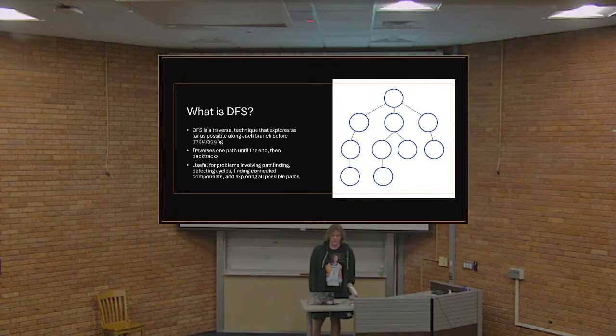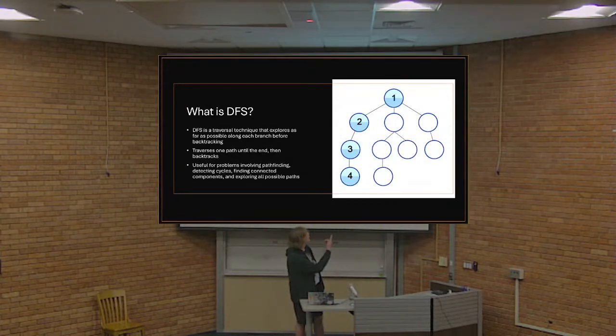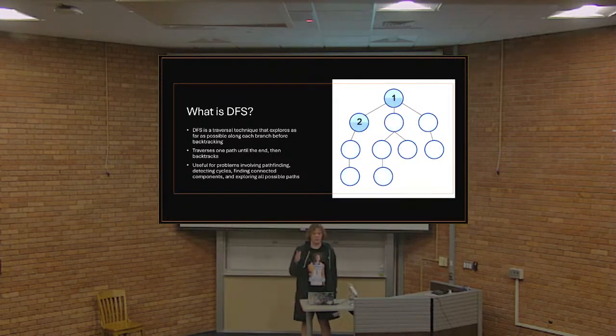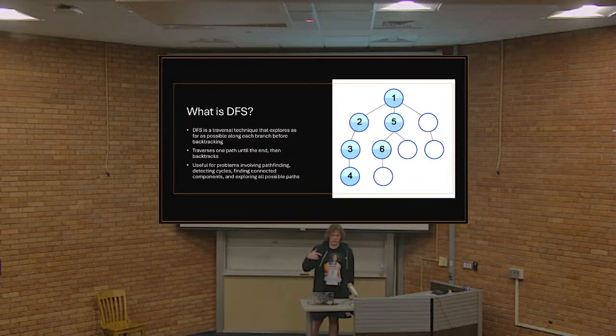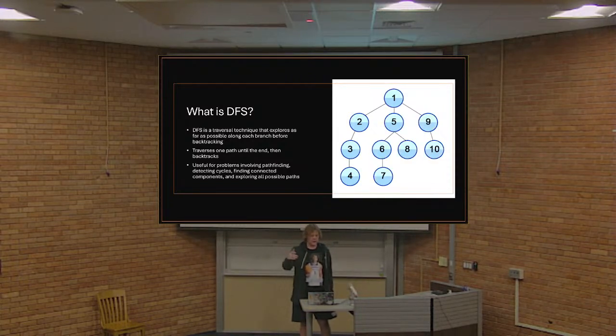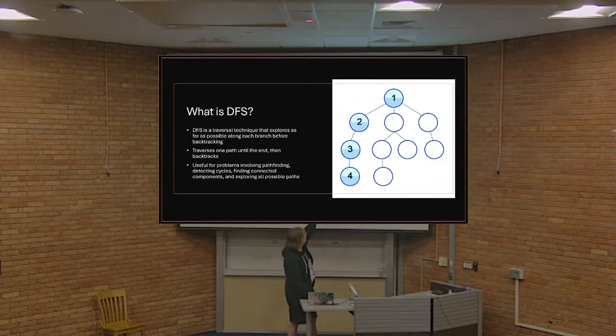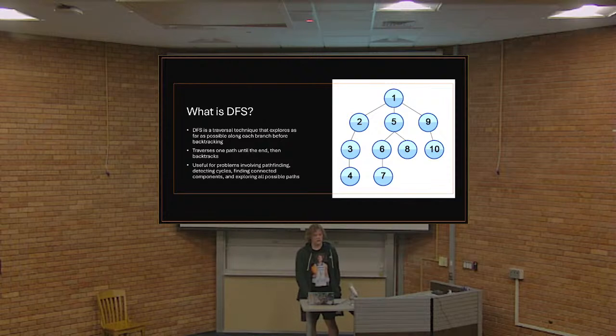You'll also learn about it probably in your discrete class because it's a pretty simple way of traversing a graph. I have a little GIF here on the right that's going to demonstrate the process. It explores as far as possible along one branch, and then it backtracks. It traverses one path all the way to the end, then goes back and keeps traversing. In this case, it's going to go all the way down the left side, then all the way down that one, until it traverses everything.